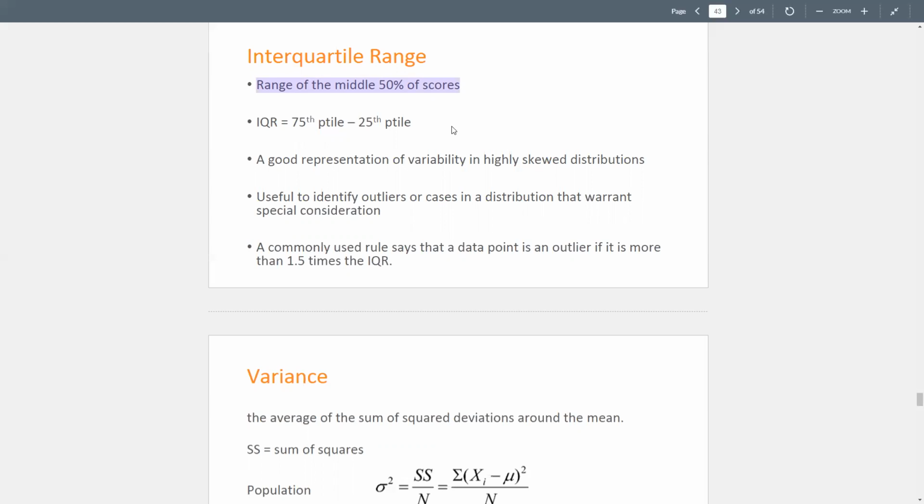The interquartile range is also useful for identifying outliers. A common way we'll define an outlier is anything that's more than 1.5 times the interquartile range. That doesn't necessarily mean the value is an outlier, but it probably deserves some extra scrutiny. What's going on? Was this some type of coding mistake? Is this a valid case? What's going on with that value?